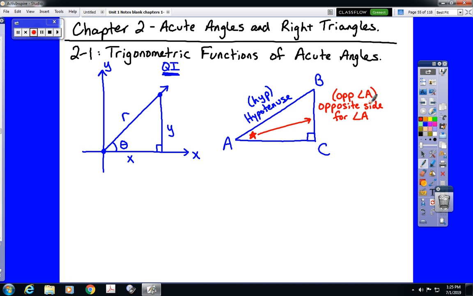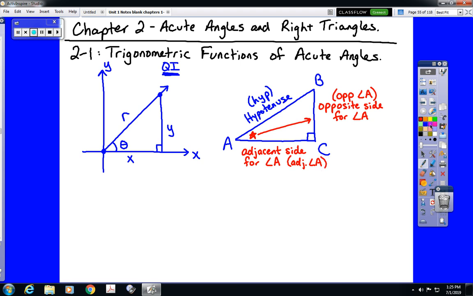And the side right next to angle A, the one that is actually one of the sides of angle A, is our adjacent side, which we are going to abbreviate ADJ for adjacent.